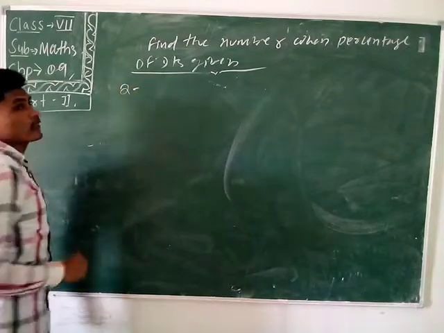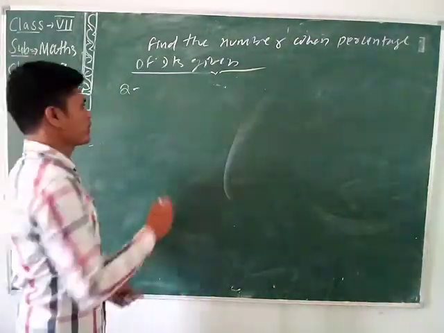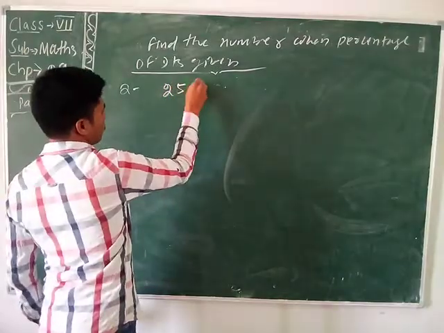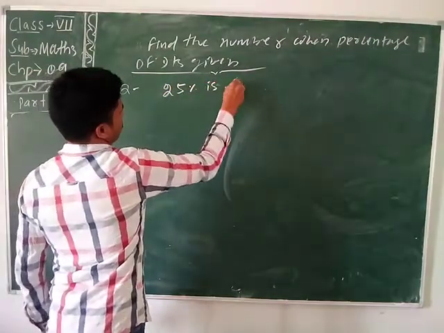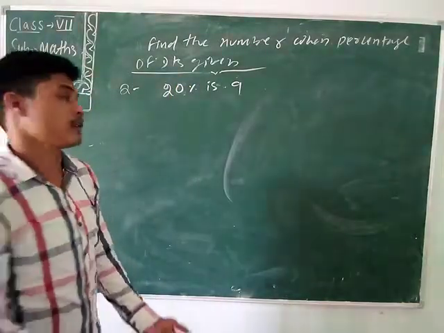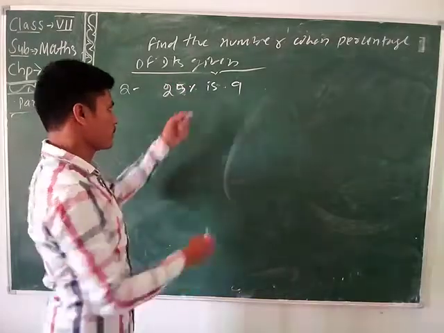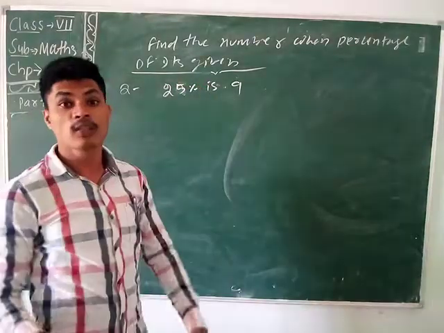Suppose the question is given like this: 20% is 9. Or we will take 25%, which is very easy. 25% is 9. That means which number?